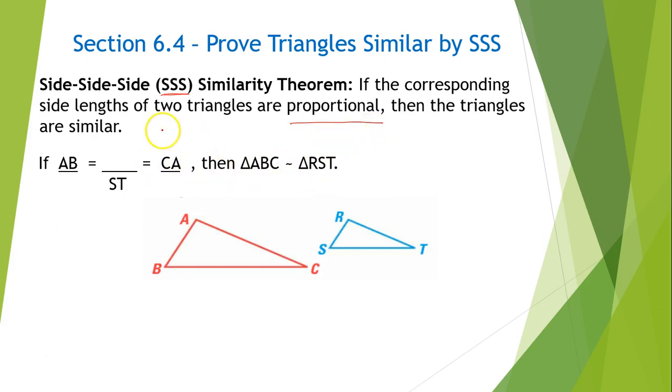So this is about these two triangles down here. This is how this theorem applies. If our side AB right here and the corresponding side RS is equal to, let's look at this, ST corresponds to BC, and then AC right here corresponds to RT.